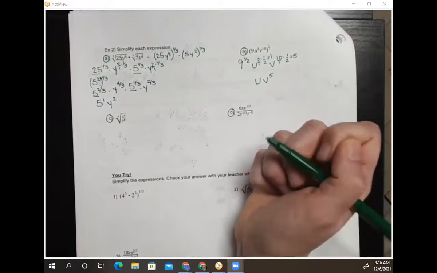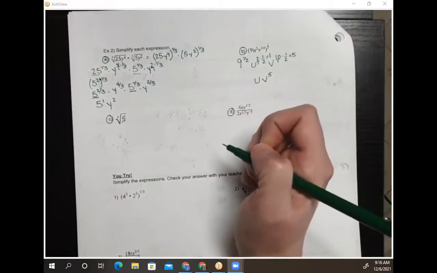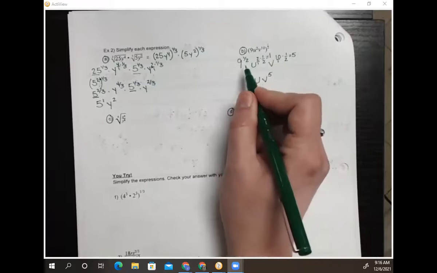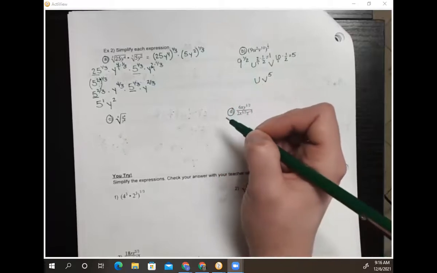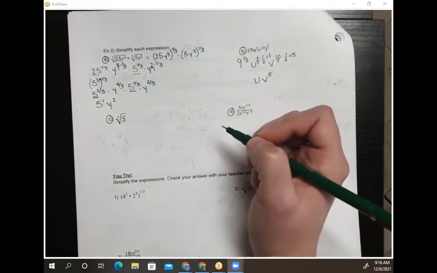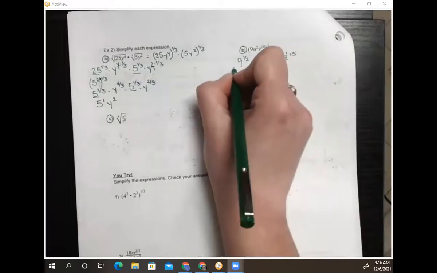That doesn't mean that you always have to. So if you can look at that and say, oh, that means the square root of 9, which is blah, blah, blah, then that's great. Especially for things that are not just a 1/2 power, I usually end up rewriting them. It makes it easier for me to see what root I'm taking, and then if there's a power associated with that, it just makes it easier for me to simplify. So that's what I'm going to show you here.